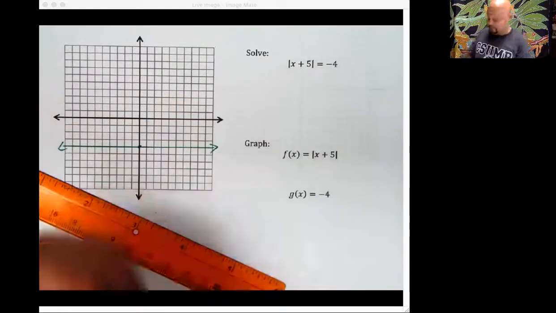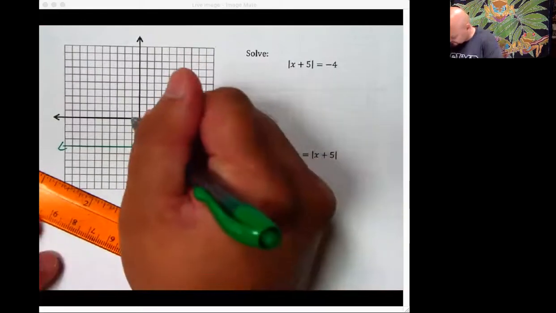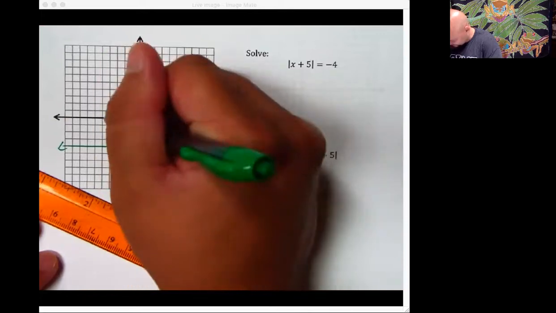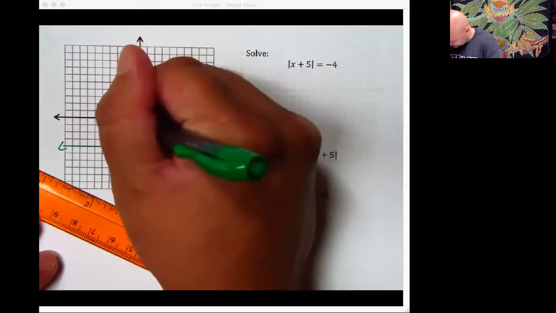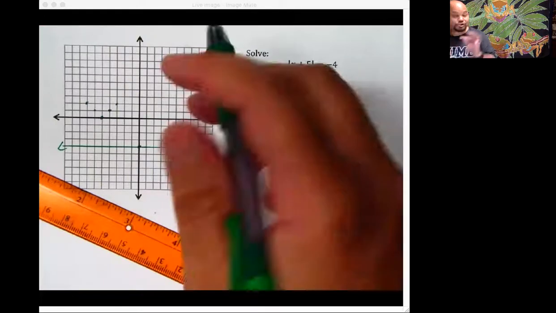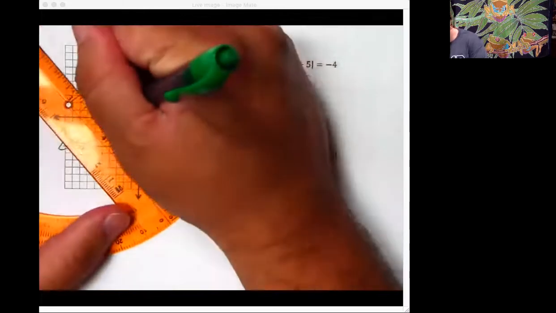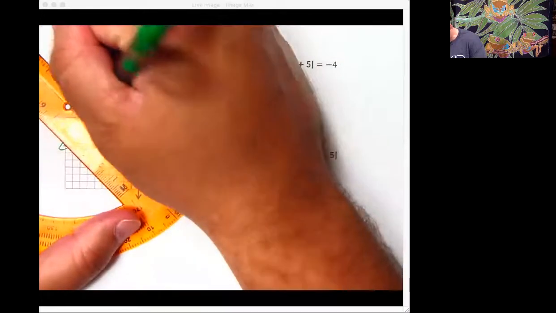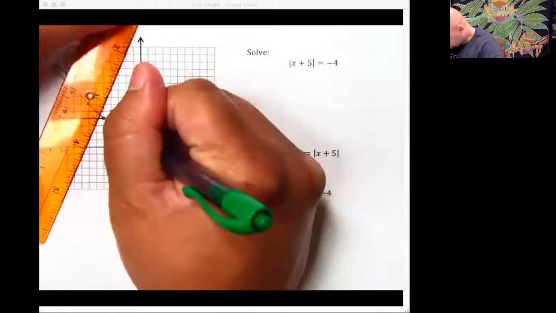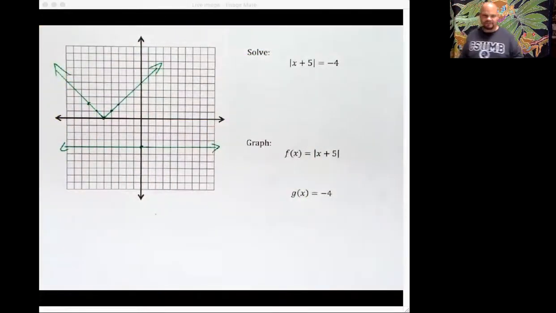And I've got the absolute value of x plus 5. 1, 2, 3, 4, 5. And then up 1 and over 1. And now you're screaming even louder. Mr. Beal doesn't shh. There we go. All graphed up.